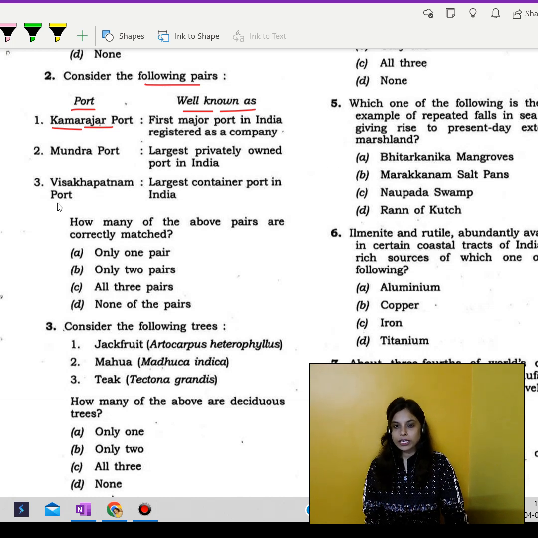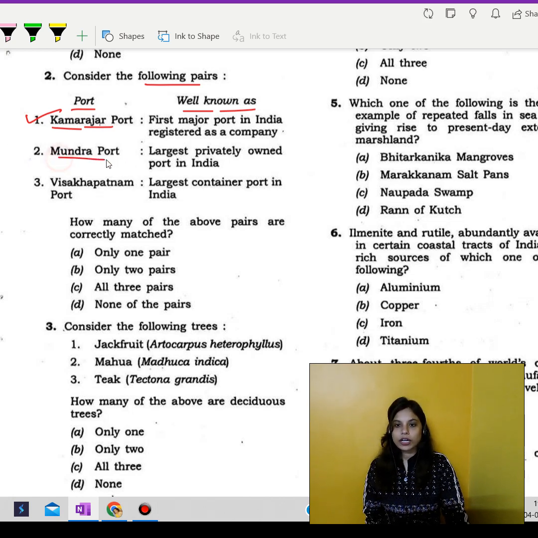So, hence, we can say the very first statement, that is Kamarajar Port, which is the first major port in India which is registered as a company, is true, because when it was registered as a company, it was known as Ennore Port Limited, okay, under the Companies Act.